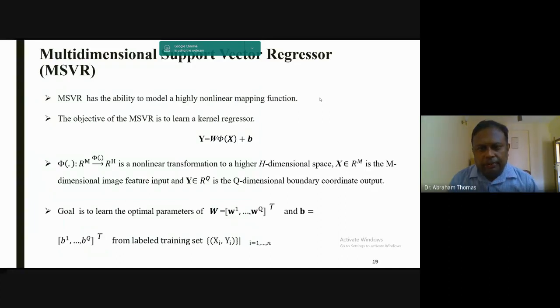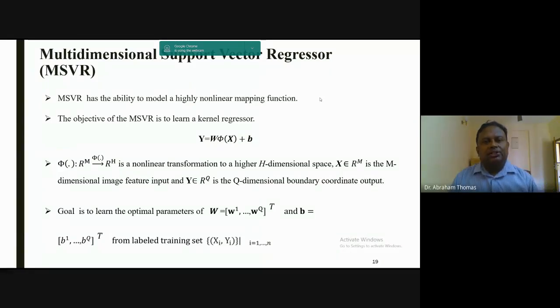X is an element of R^m, the m-dimensional image feature input, that is M is 784, and Y is an element of R^Q, the q-dimensional Euclidean space, where Q is the q-dimensional boundary coordinate output. Since we have 100 boundary points, and each boundary point is represented by an x and a y coordinate, Q has a value 200.